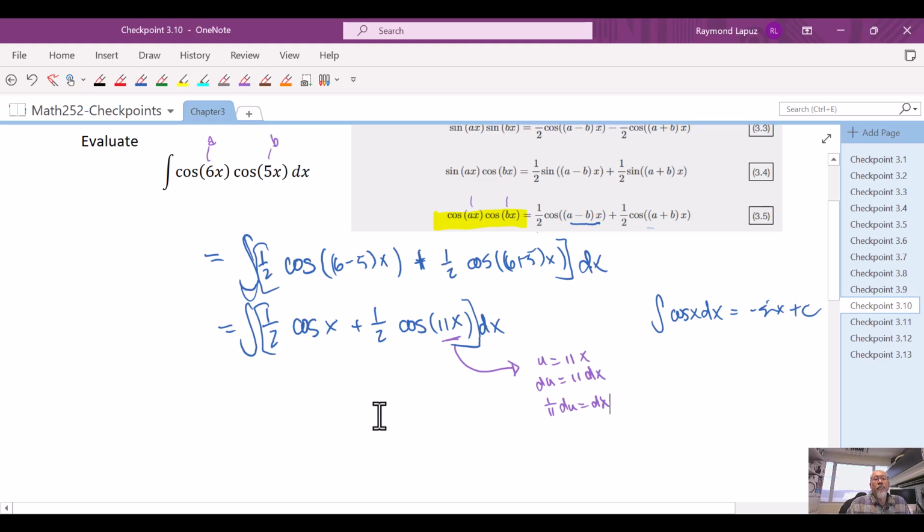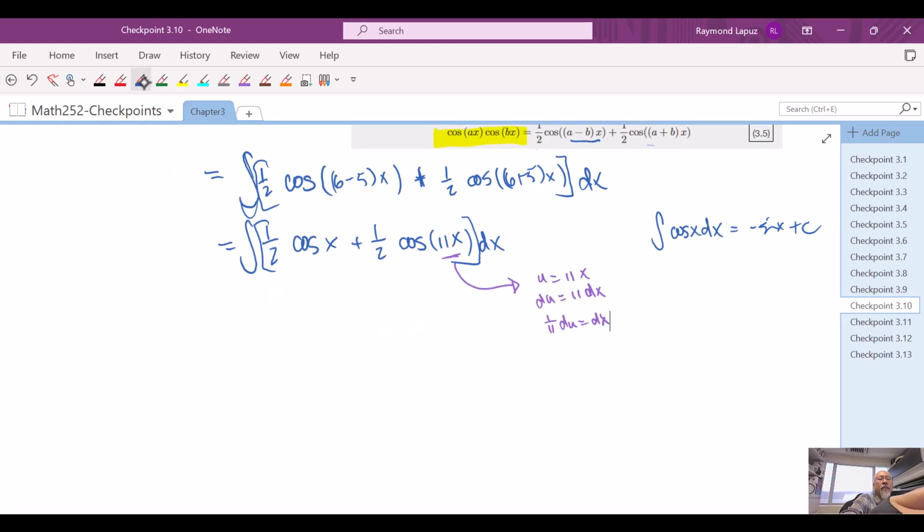All right. Okay, so let's put that together. This will be a 1/2, and then we're just going to have a sine x, and then we'll add a plus 1/2, and then the antiderivative of this has an extra 1/11, and then again a sine.